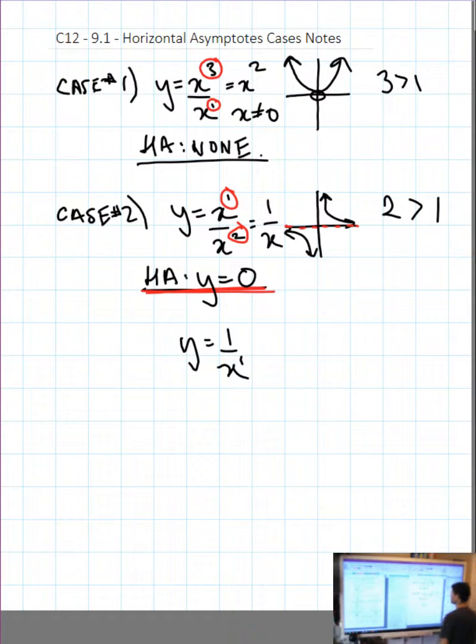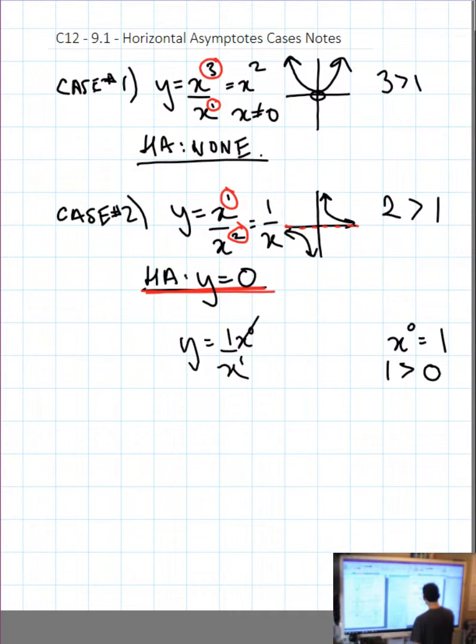But what is the exponent of x on the top? Well, it's actually 1 times x to the 0. Now, x to the 0 is equal to 1, which means that goes away. So, we know that 1 is greater than 0. So we would have a horizontal asymptote at y equals 0.